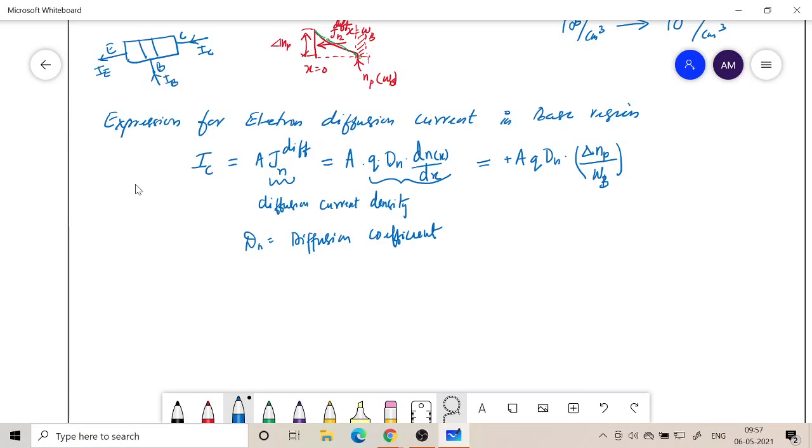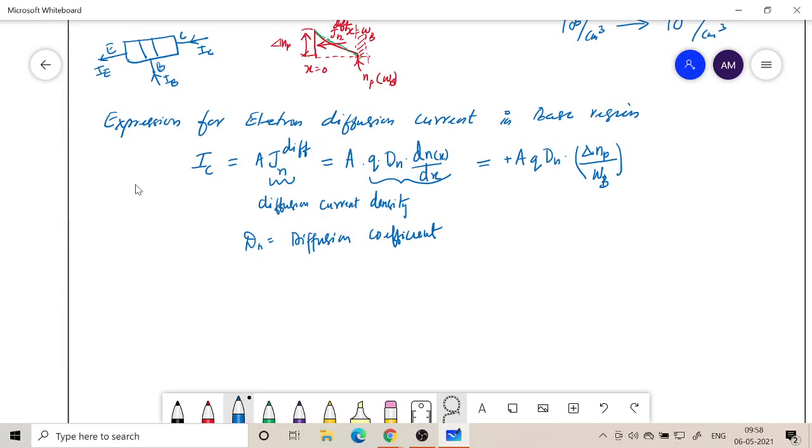So we already take IC with a direction from right to left, and therefore we can write it as positive. Do not get confused, but if you strictly look at this dN by dx, it should be negative. That is the relationship with respect to x and current direction. x is increasing to the right, current is flowing to the left, and therefore dN by dx should actually be negative.